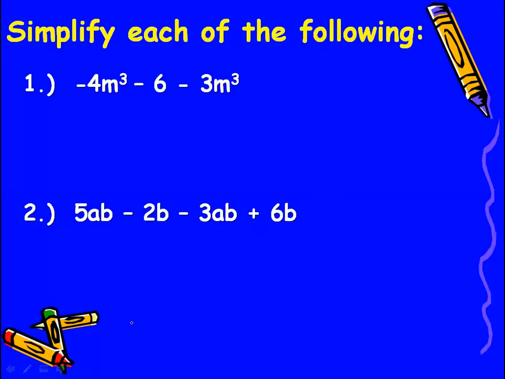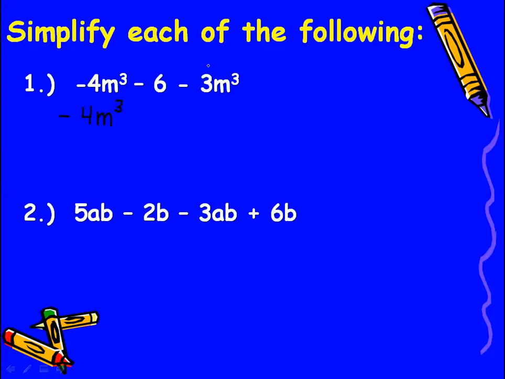Now let's look at a couple of examples that are a little bit harder. Notice that in this example, negative 4m cubed minus 3m cubed are like terms. However, the negative 6 is different. I am going to rearrange this using the commutative property.